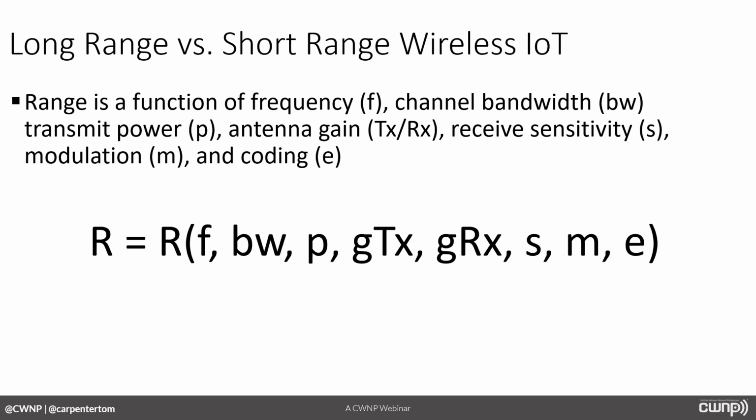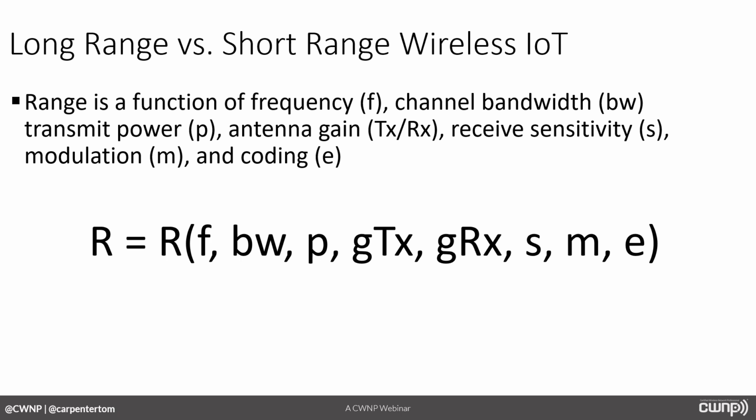And then coding, because particularly with forward error correction, things like that, we have the ability to literally fix problems in the received communication because of the coding. And so that helps us to get better range still. So all of these things can impact the actual range at which we can communicate.